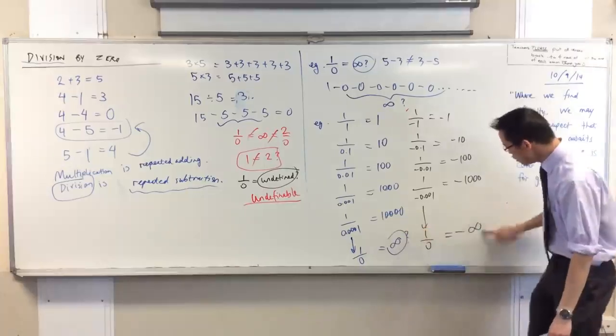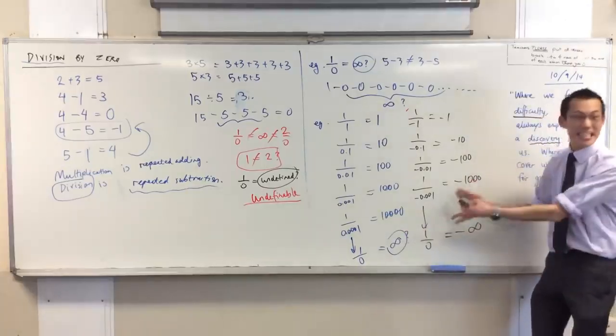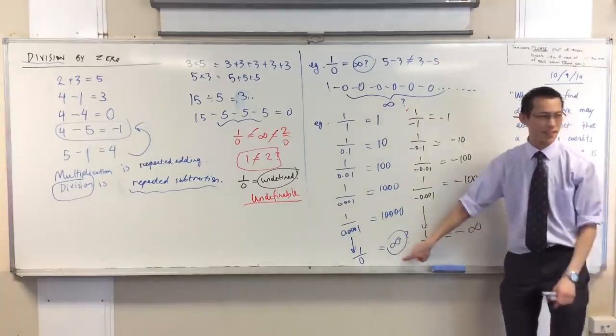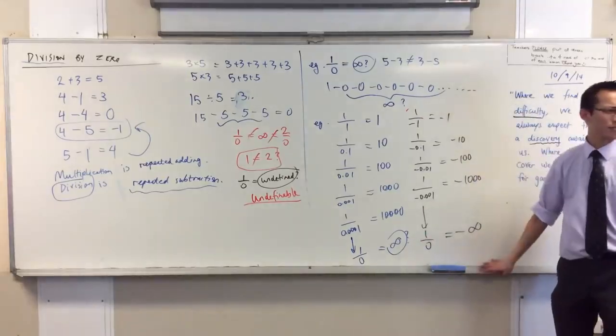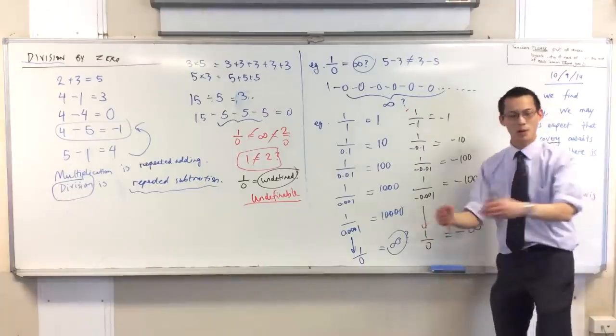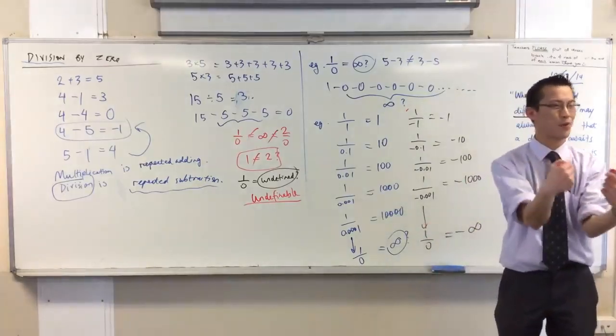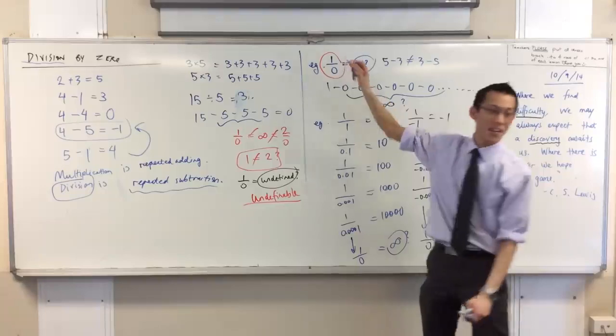There is no number you can pick that makes sense. Because you put this, and some other guy will say, well, but I can make it equal this, in exactly the same way you did. So there are equal bidders for the crown of what 1 over 0 is equal to.